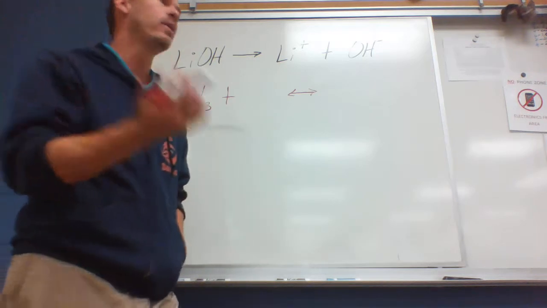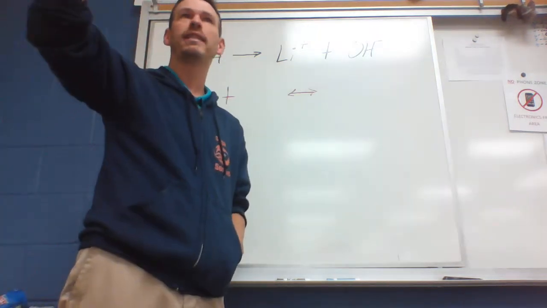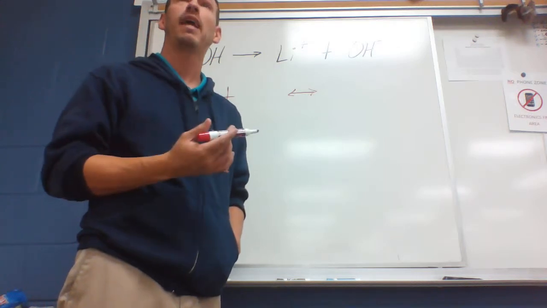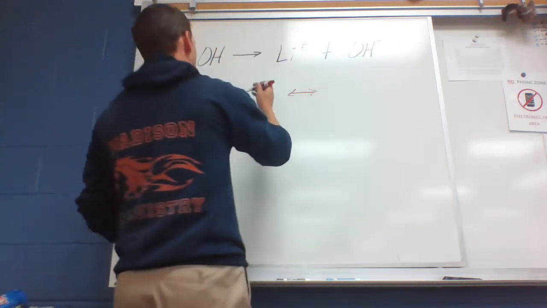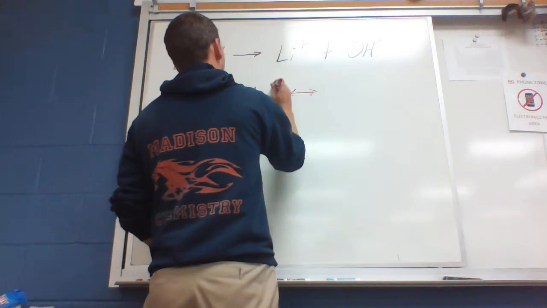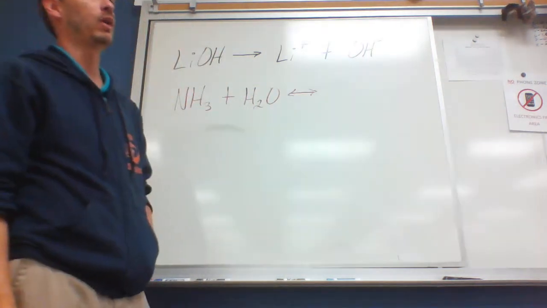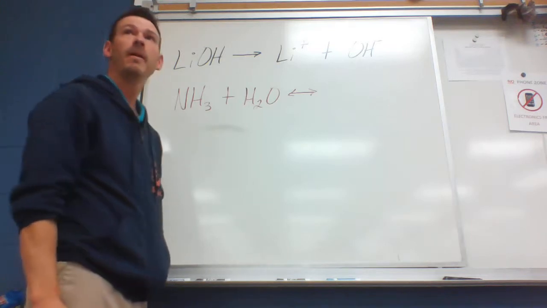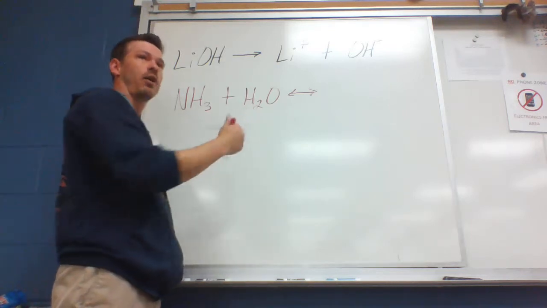So, ammonia, put a star next to this because the AP wants you to just know that ammonia can only be created in a solution if it's added to water. These other examples can go with or without. Ammonia requires water. Can you say that again? Yeah. Ammonia requires water to create a solution.